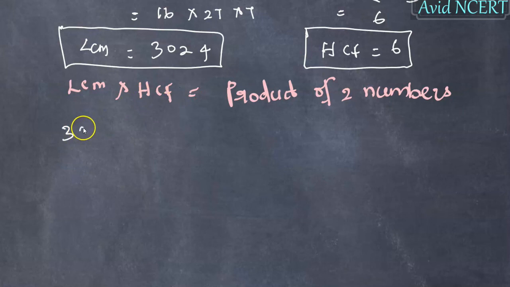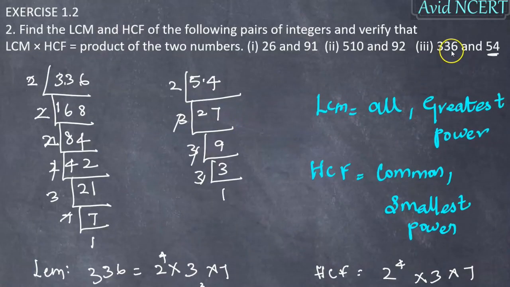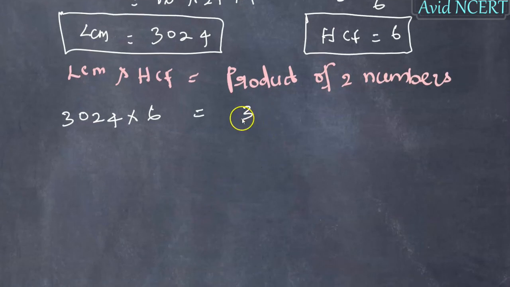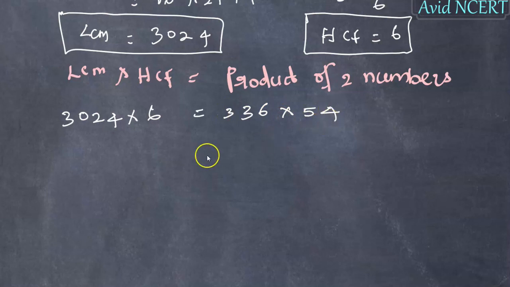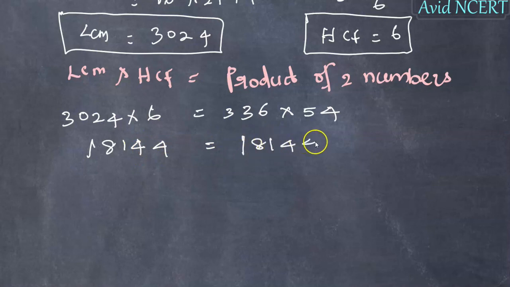It is 3024 into HCF is 6, which is equal to the product of two numbers, 336 and 54. It's in the question. So 336 into 54. So the value of 3024 into 6 is 18144 equals 336 into 54, which is also 18144. So this is verified.